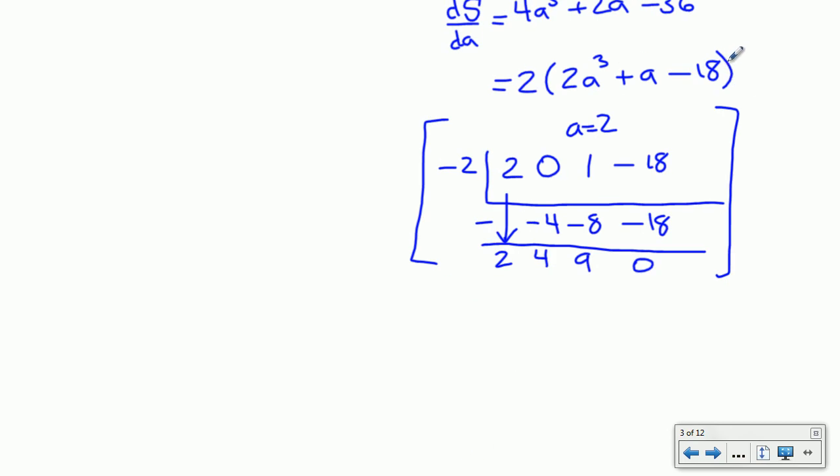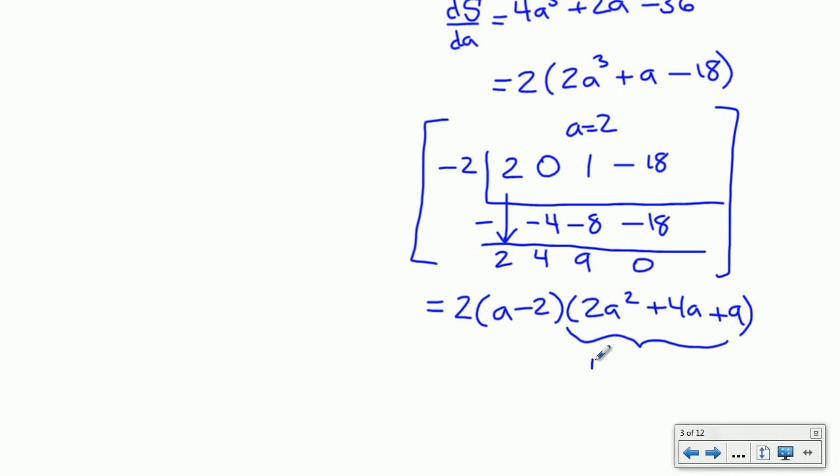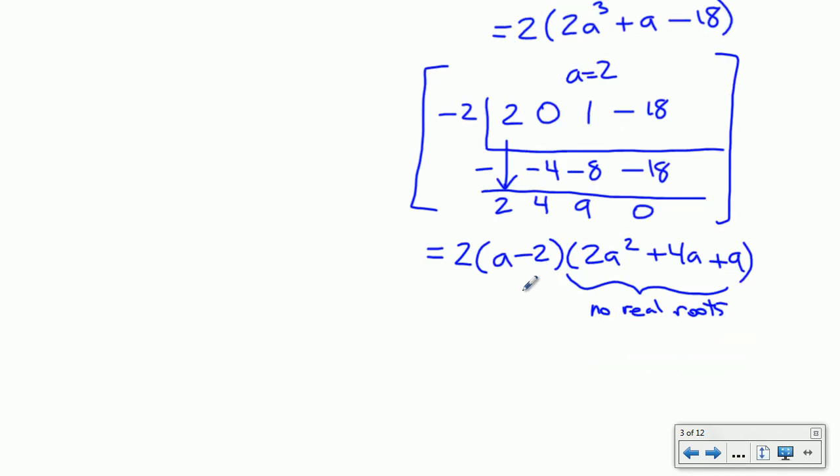So now I'm going to simplify this a little bit. So my expression for the first derivative of S with respect to a becomes this, 2a squared plus 4a plus 9. I'm going to tell you that there are no real roots for this expression, which you can confirm. So the only critical number here is a equals 2.